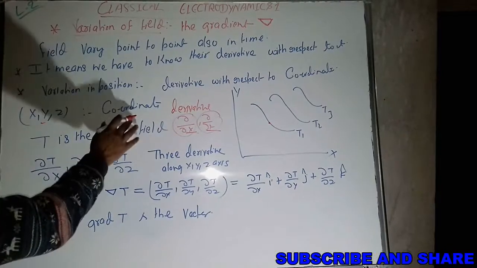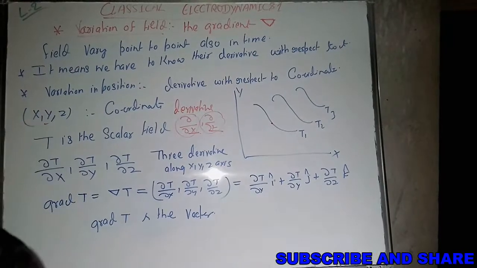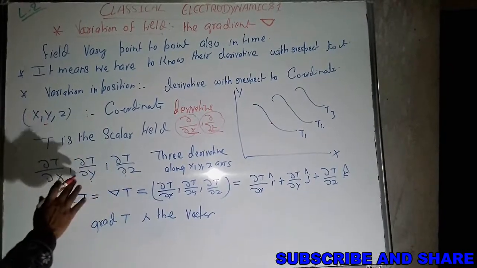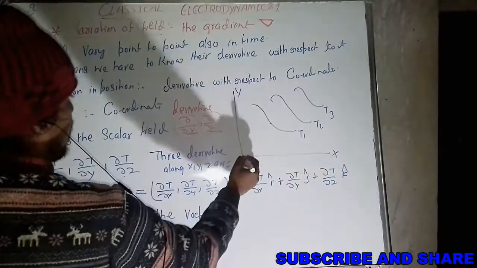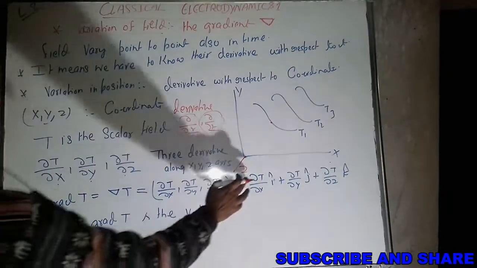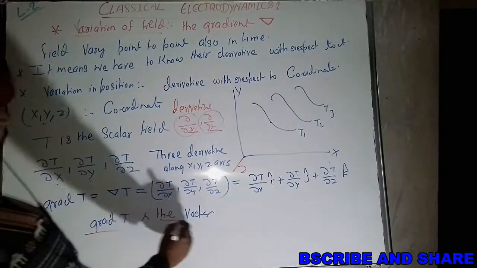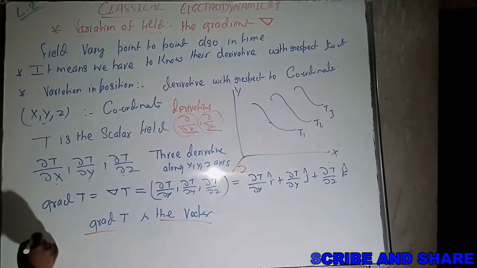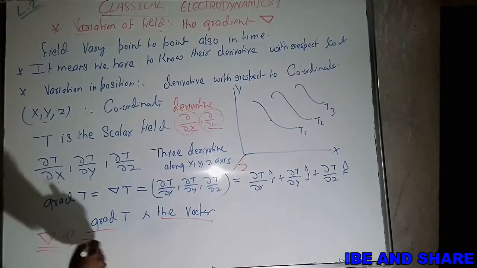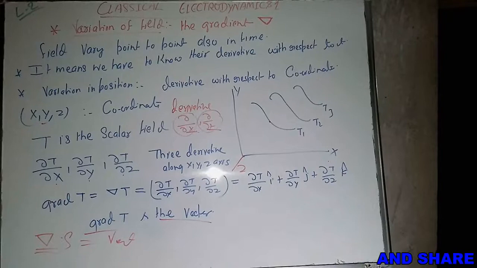Suppose x, y, z are the three components of the coordinates, and suppose T is the scalar field, then del T by del x, del T by del y, del T by del z, these three are the derivatives along the x, y and z. So grad T or gradient T is equal to del T by del x i plus del T by del y j plus del T by del z k, and this gradient T is a vector. So the gradient of a scalar quantity always gives a vector, and this has some very important applications in electrodynamics.